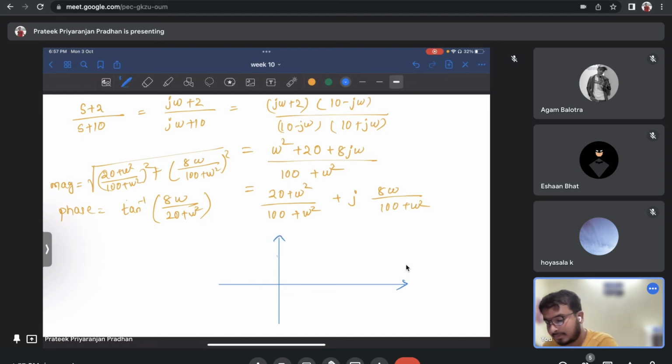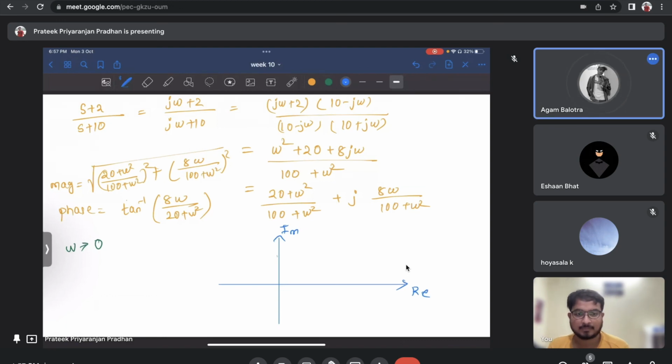Okay, so for omega tends to 0, tell me the magnitude. What is the magnitude? Omega tends to 0. Again, calculate again.